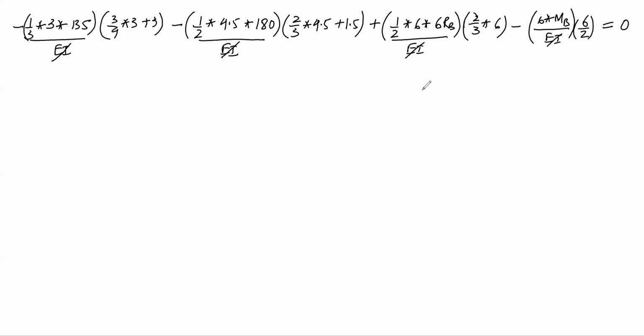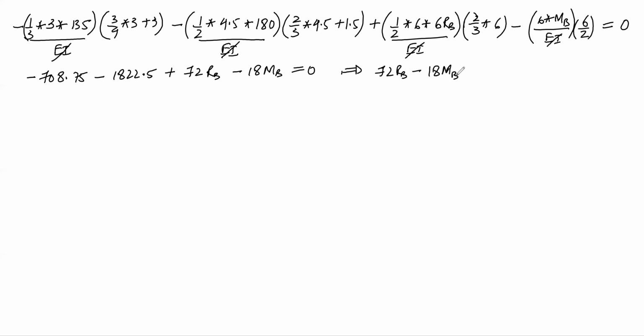Now upon simplification, we are left with minus 708.75 minus 1822.5 plus 72 RB minus 18 MB equal to 0, and this can be further written as 72 RB minus 18 MB is equal to 2531.25. So this is our second equation.